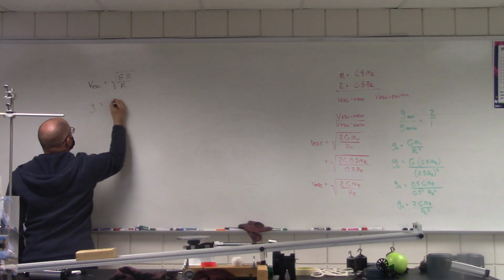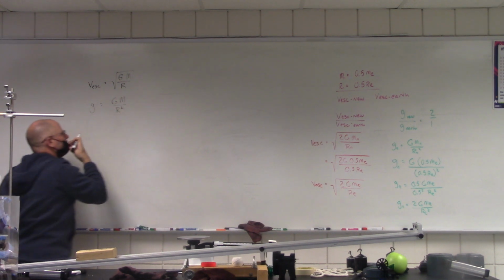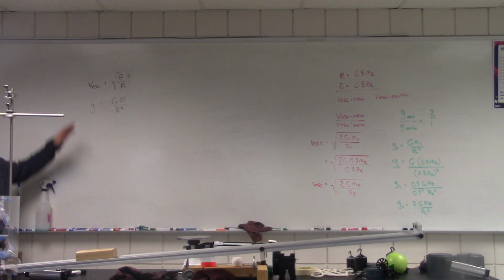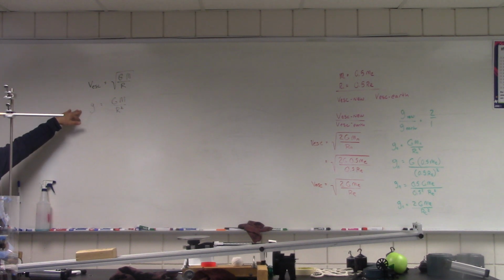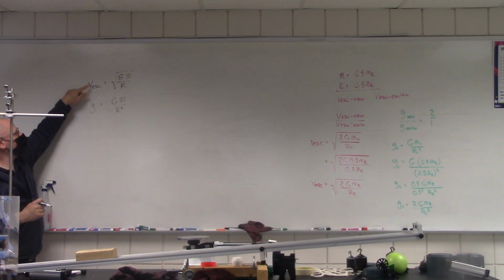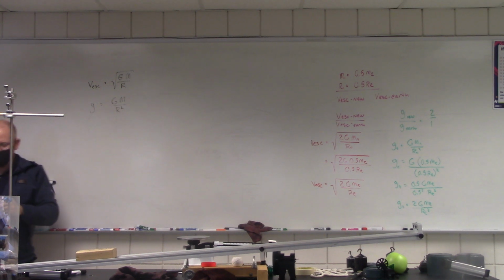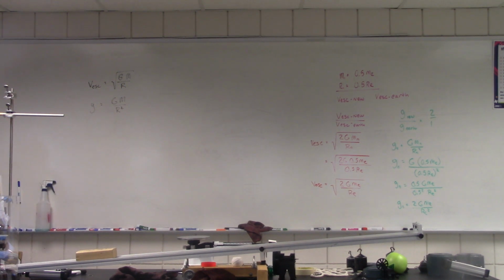And my g value is equal to G M over r squared. Can I write escape speed in terms of the g value? Try that now. I want you to write this where it says v escape is equal to something times g. All right, see if you can do that now. It would be cool if those two things were somehow related.